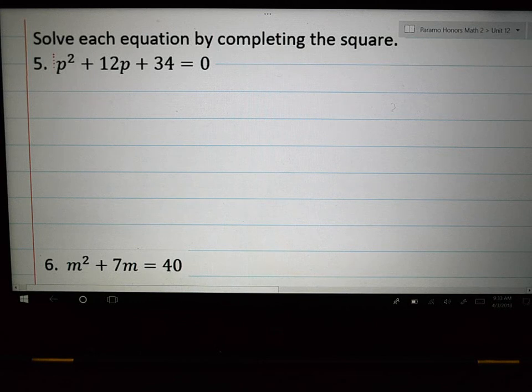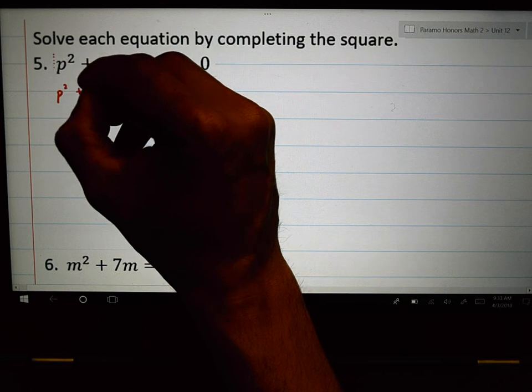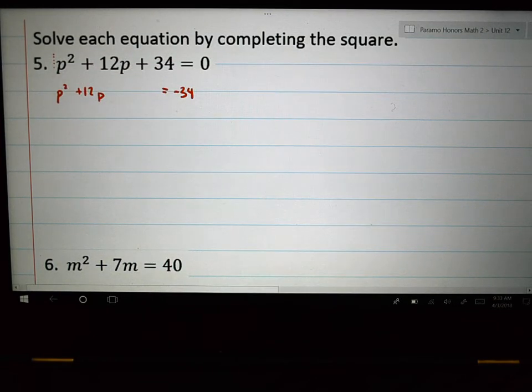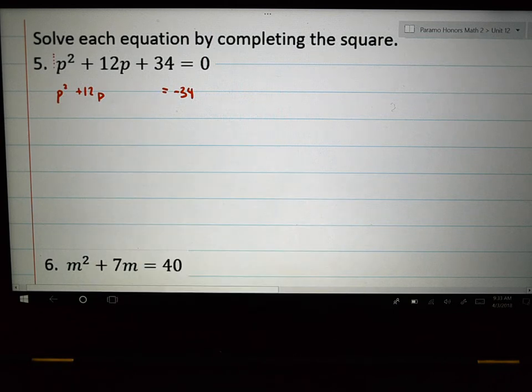34. We're going to subtract 34 to the other side, but we're going to leave an empty space where it was so that I have room to work. Step number 1, make sure a value is 1. It is. Step number 2, move c to the other side, which we just did by subtracting 34 from both sides.